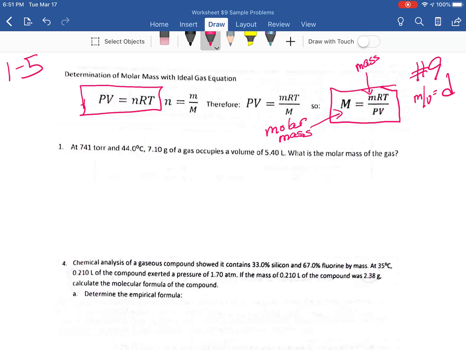Okay, so let's look at problem 1. We have a pressure, we have a temperature, which will convert to Kelvin, we have a mass, we have a volume. What is the molar mass of the gas? So we're going to use the molar mass formula. So big M is equal to mass. Our mass is 7.10 grams.